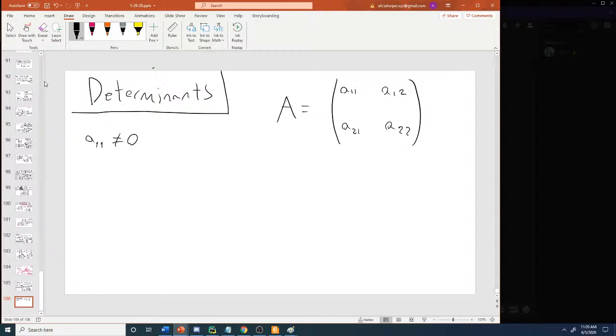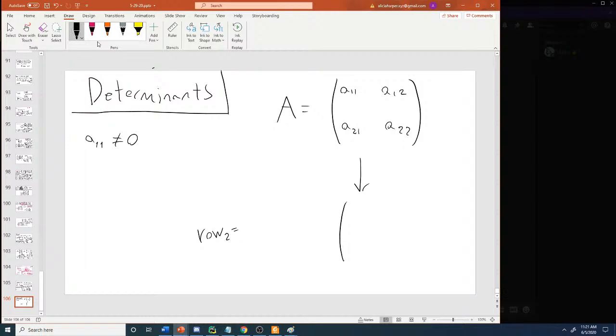Because if A11 is not equal to 0, then what I can do is I can take the first row here and I can subtract it from the second row. And if I do that, I'll set row 2 to be equal to, actually, I'll write it like this.